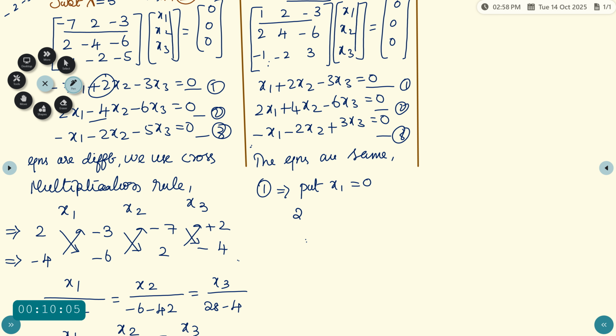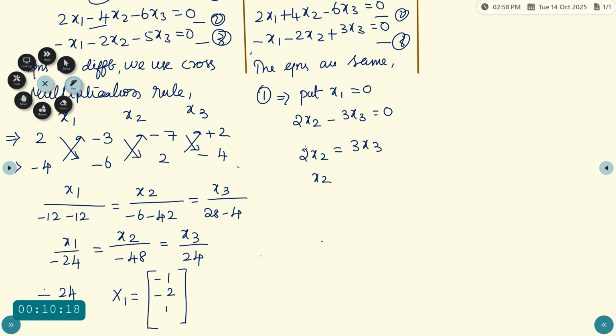So with x1 equal to 0, we get 2x2 minus 3x3 equal to 0. 2x2 equal to 3x3, then x2 divided by 3 and, cross multiplying the coefficients, x3 divided by 2. Therefore, capital X2 is: x1 is 0, x2 is 3 and x3 is 2.